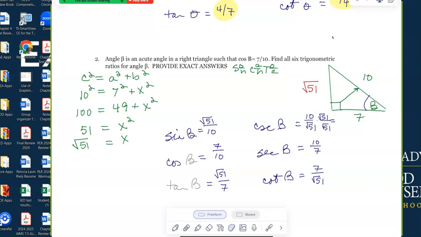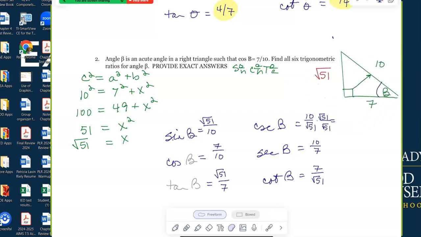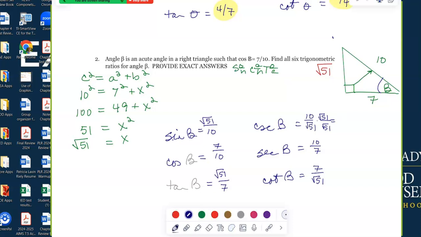So, and I need to do that triangle one more time. Okay, so that means that I'm going to get 10 radical 51 over 51, leave it be, and then here rationalize.